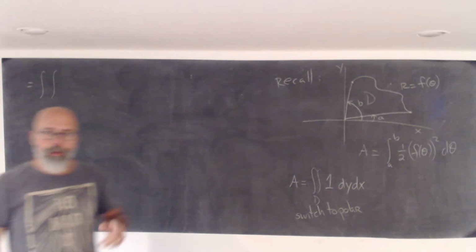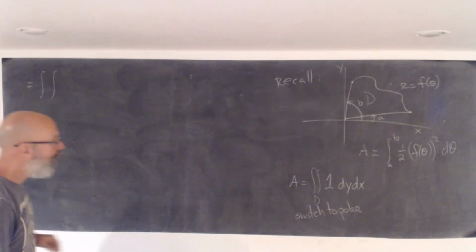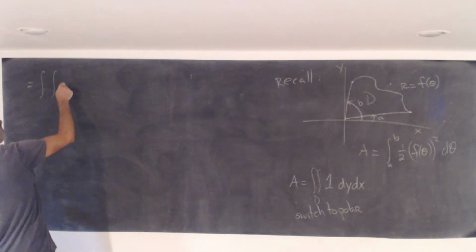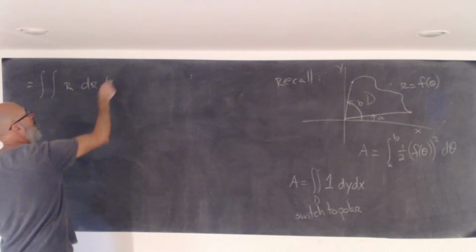When switching to polar, you know that you want to throw in the Jacobian. So it's 1 times r dr d theta.